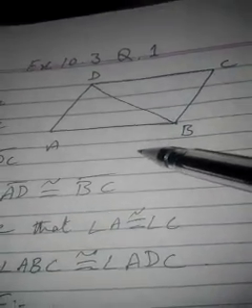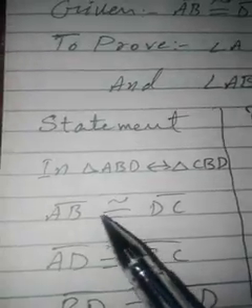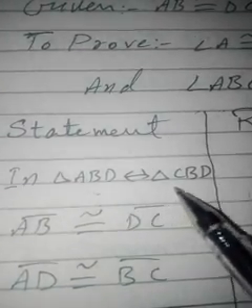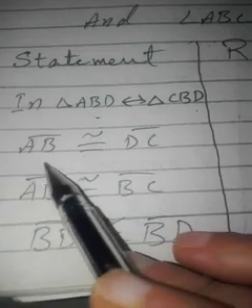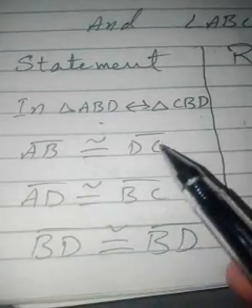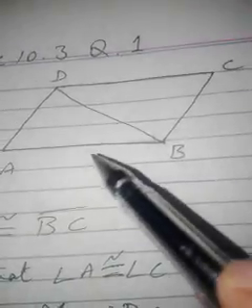Now I will show you all this discussion on the page and we will discuss it again. We took the correspondence of two triangles ABD and CBD. Here is ABD and CBD. And then we discussed three corresponding elements. AB is congruent to DC, reason given.